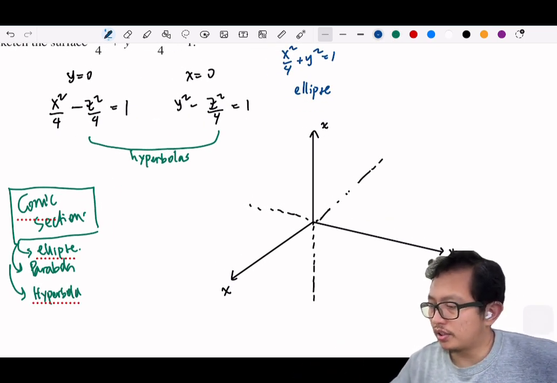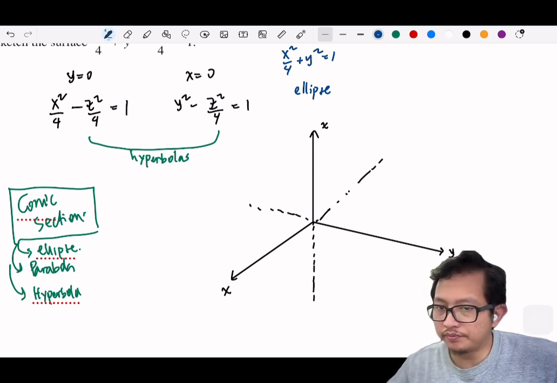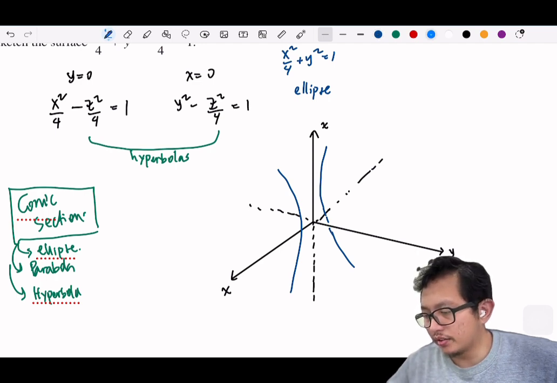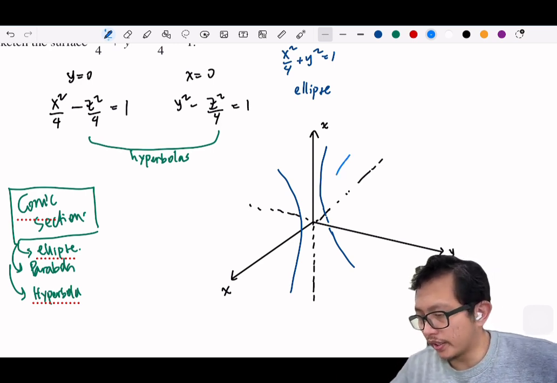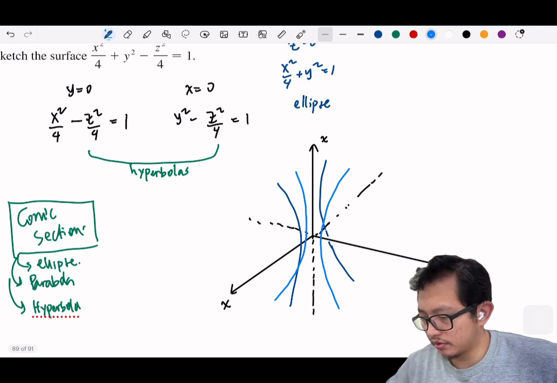Now we draw the x and z. So for x and z, we have that, right? Hyperbola. And then for y and z, we have that.